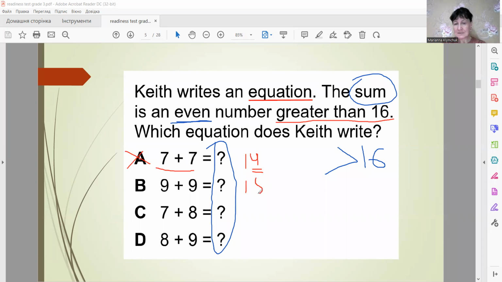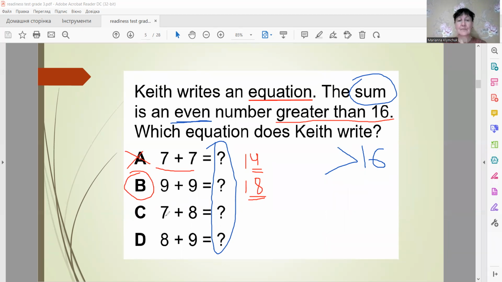Is it an even number? Yes, because it ends with 8. Is it greater than 16? Yes, it's greater than 16. So we need this number. And actually, we can stop here because we already found one answer, and that's enough. But let us check to the end.